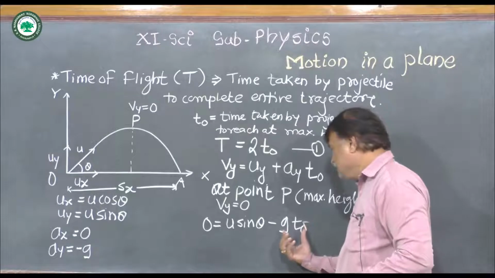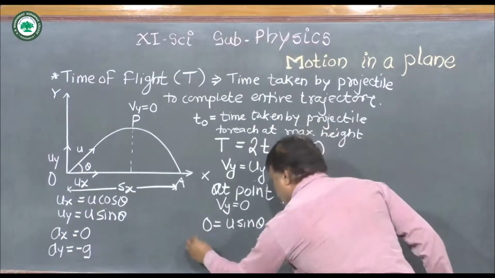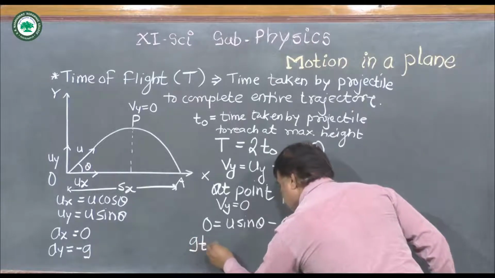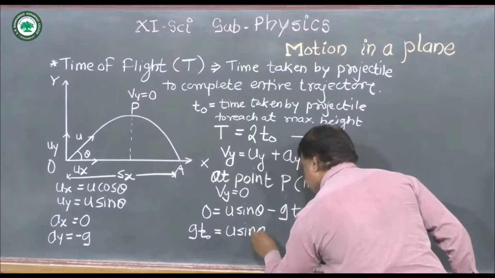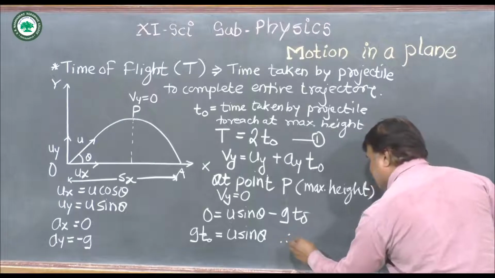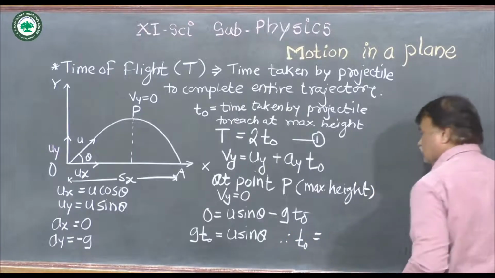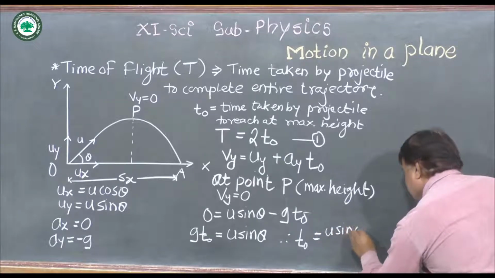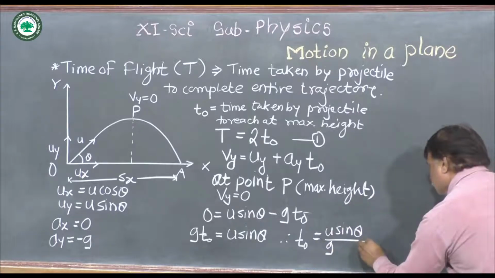Now this minus g t0 on that side will become plus, and therefore we get g into t0 equal to u sin theta. We have to find t0, and therefore we can say that t0 is equal to u sin theta upon g. This is equation 2.